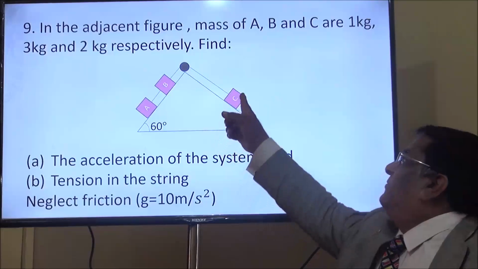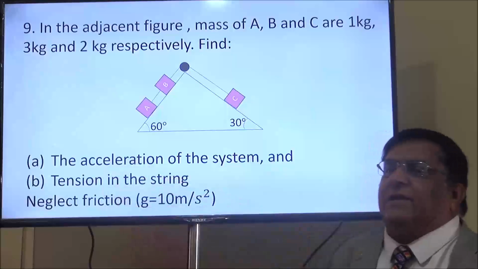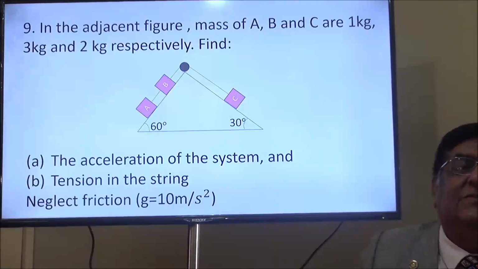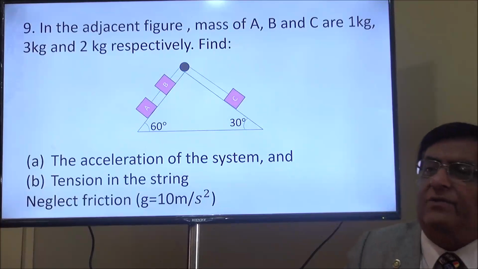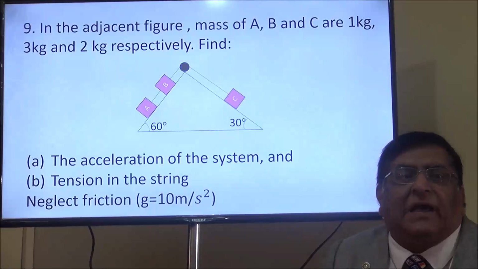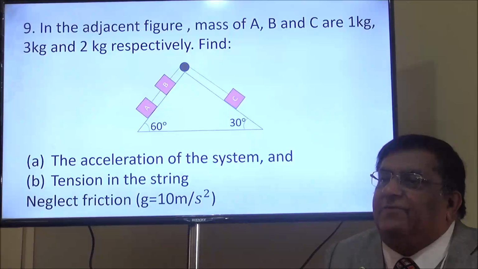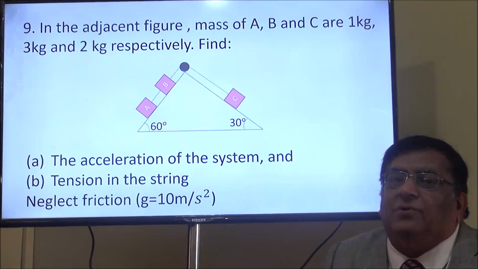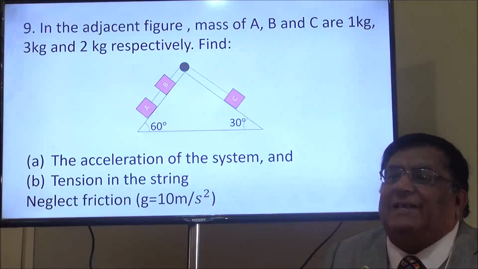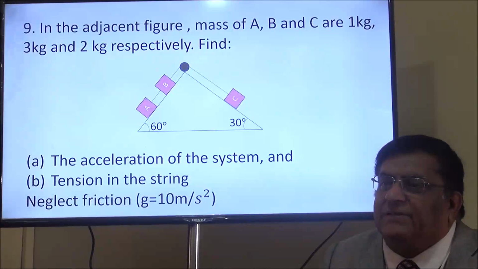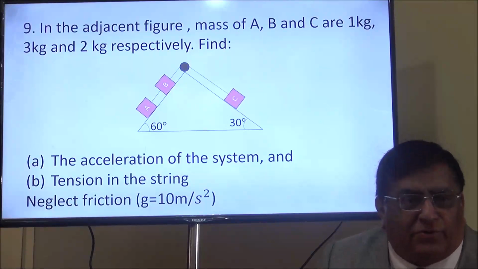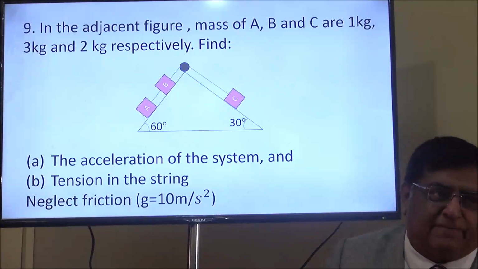Now, whether it will move on this side or on this side depends on which force is larger. How can you get the force calculation done in this? The force along the inclined surface, we all know, is F sine theta. Along the surface, F sine theta, normal to the surface, F cos theta.